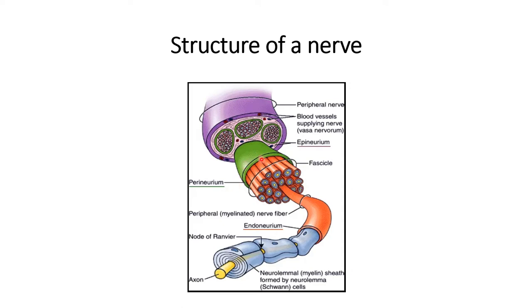This green one is a fascicle which consists of multiple nerve fibers, and when we see a single nerve fiber, you can appreciate the axon. So this is the broad structure of nerve consisting of multiple fascicles, and when you look into the fascicle, there are bundles and bundles of nerve fibers. So each nerve fiber has its own axon.